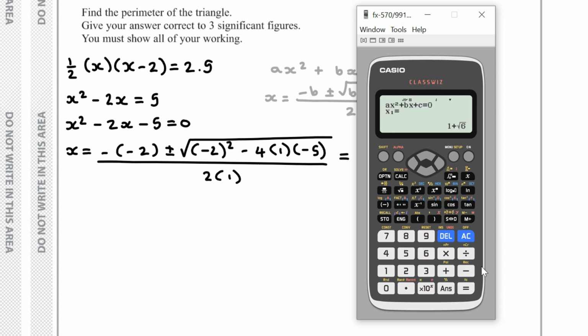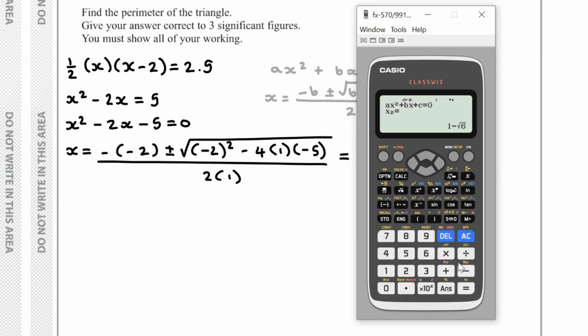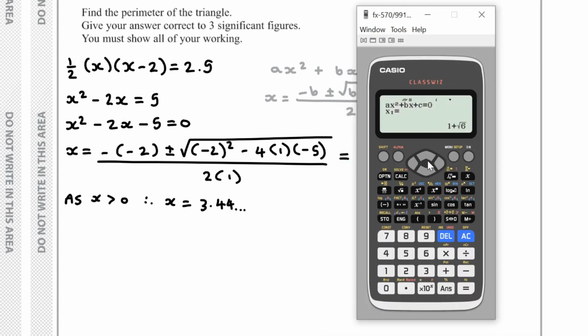You'd find x to equal plus or minus root 6, which is 3.44, etc., and we also have minus 1.44, etc. Now, because x must be greater than 0 because we have lengths, we can therefore conclude our only solution is x equals 3.44, etc. So what we can do is store this value of 1 plus root 6 into our calculator.